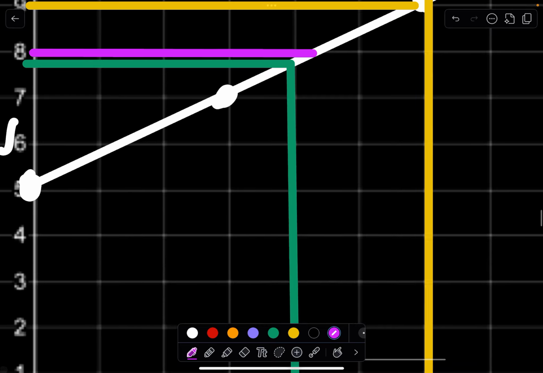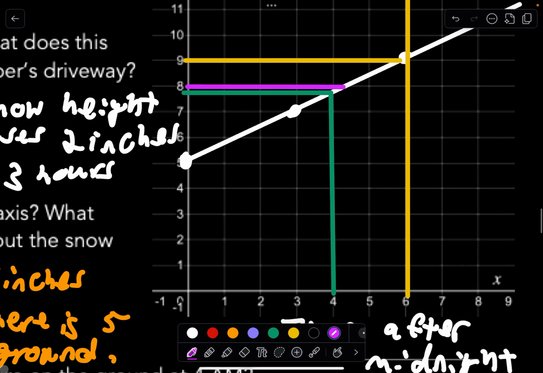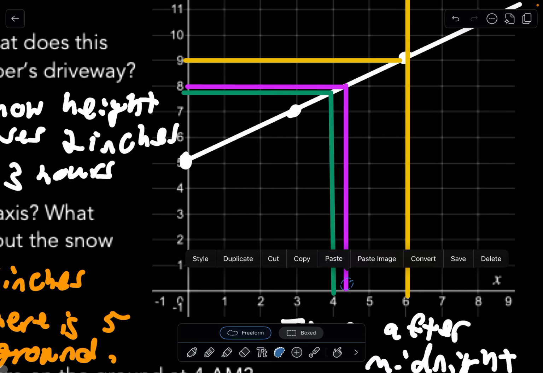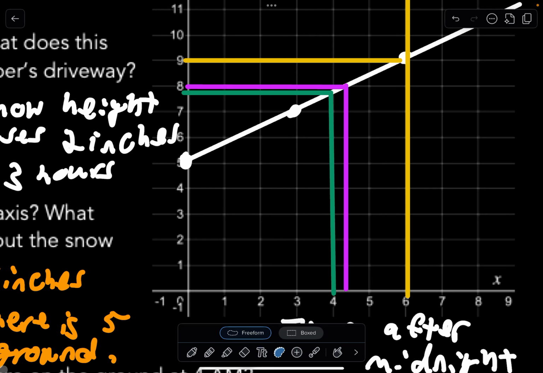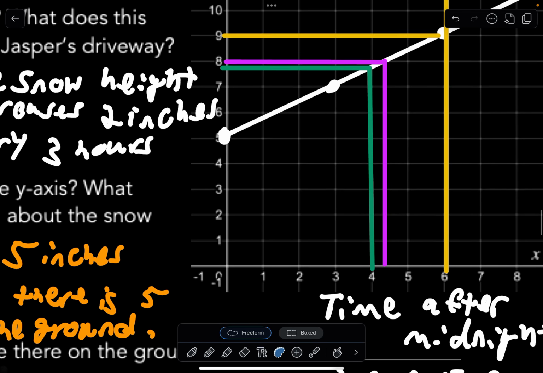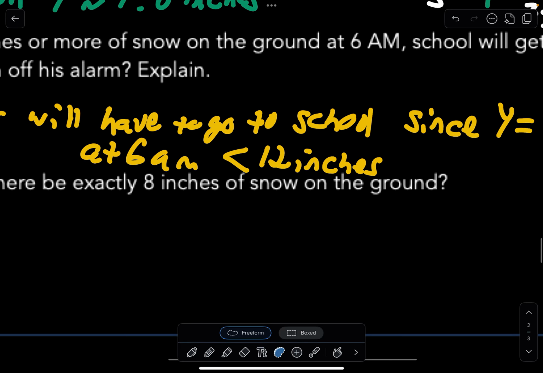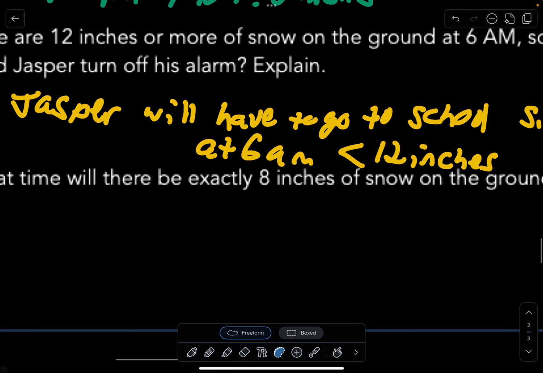And then from the graph, you can just drop it straight down. Okay, that's a little bit better. So looking at this, you see it's going to be between 4 a.m. and 5 a.m.